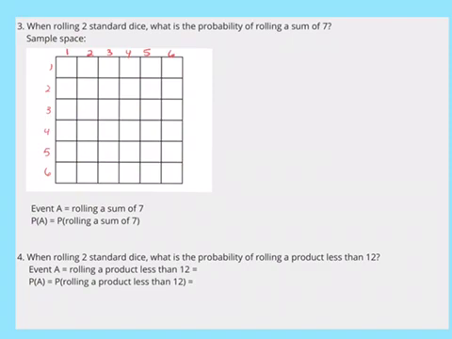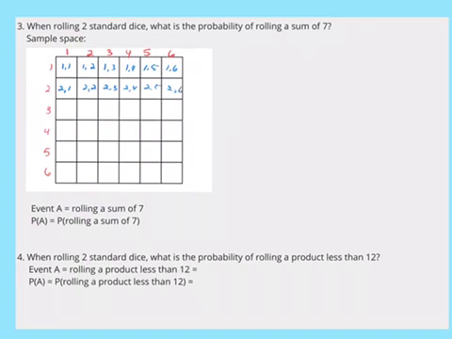So when I roll 2 standard dice, the possible outcomes would be: I could roll a 1, 1, a 1, 2, a 1, 3, a 1, 4, a 1, 5, a 1, 6. My first die could be a 2, and my second one could be a 1. It could be 2, 2, 2, 3, 2, 4, 2, 5, 2, 6.